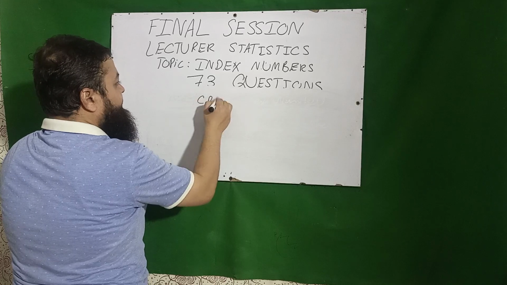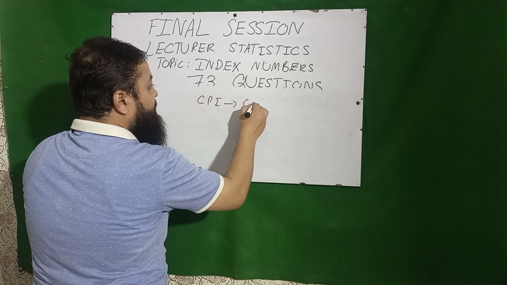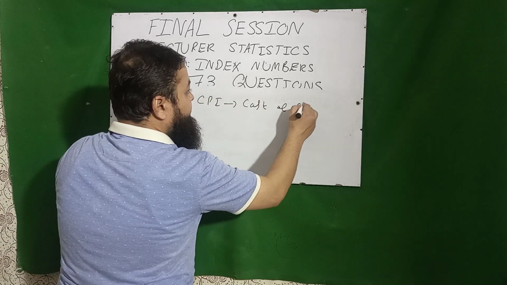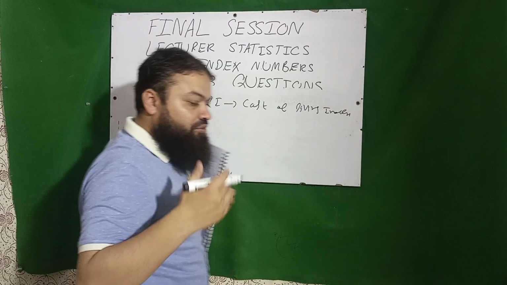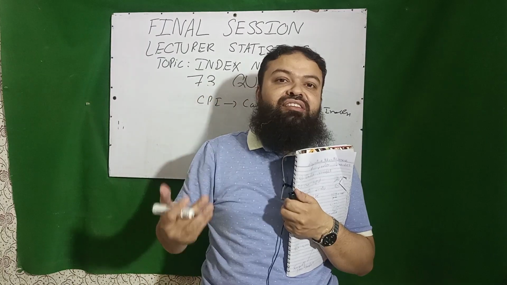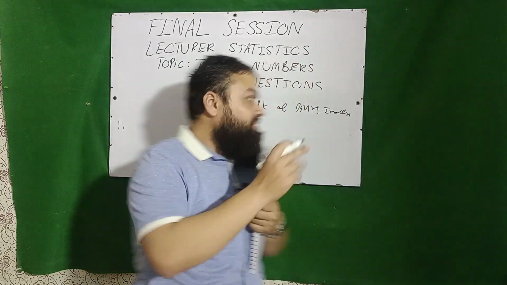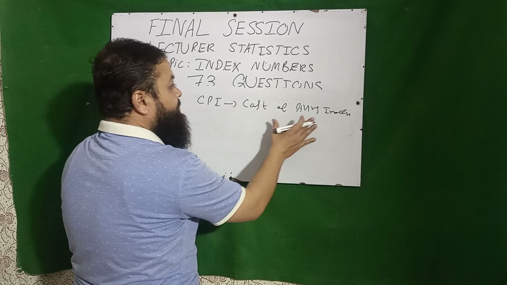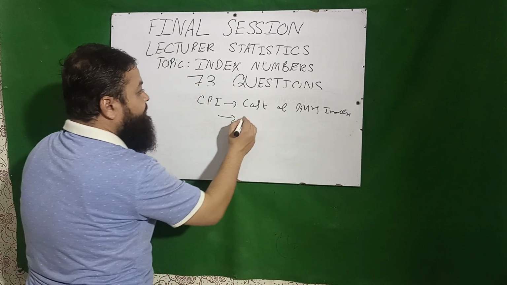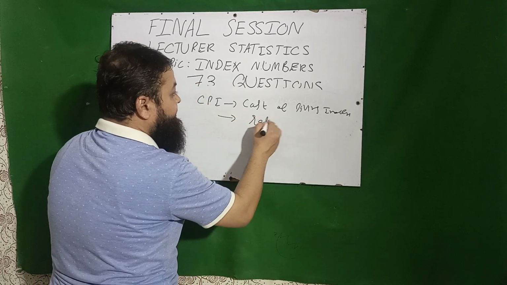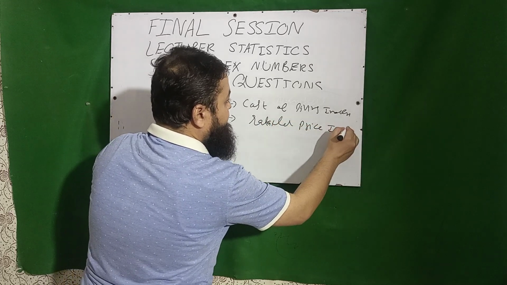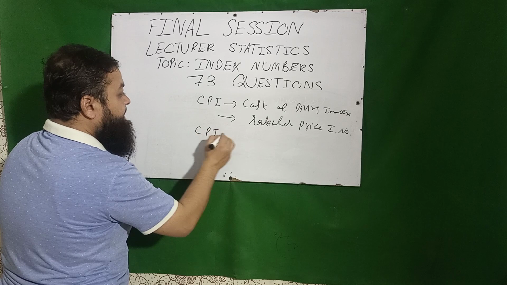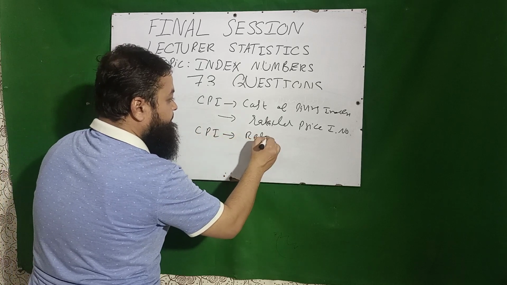CPI. It is also called cost of living index number. In our houses, we want to make the budget. We want to check the increase in the price of the household items, we use CPI, and it is also called cost of living index number. It is also called the retailer price index number, and in CPI, we take the data from retailers.